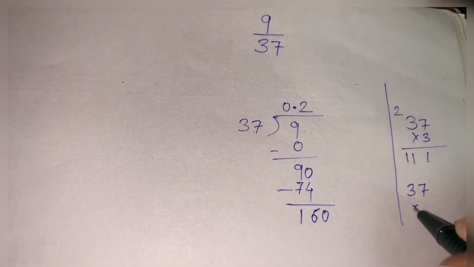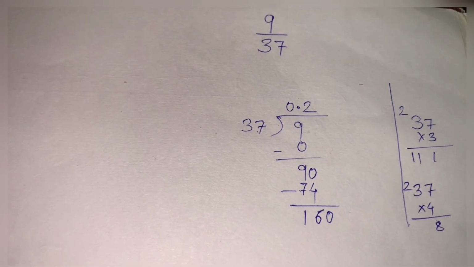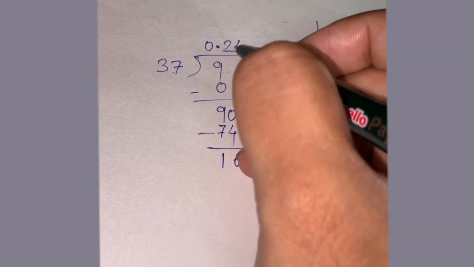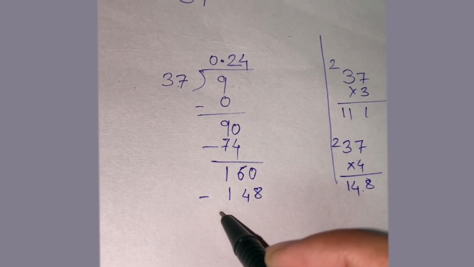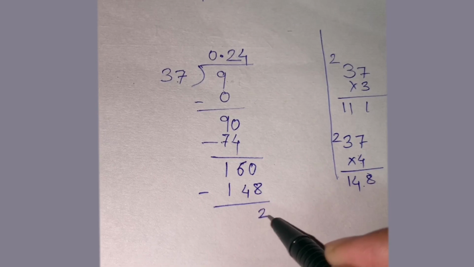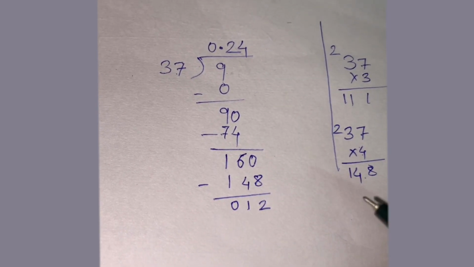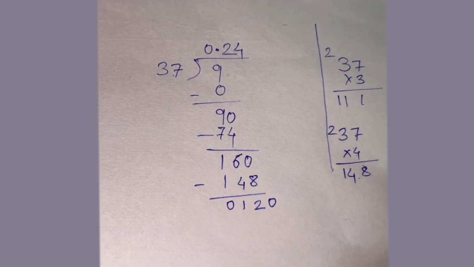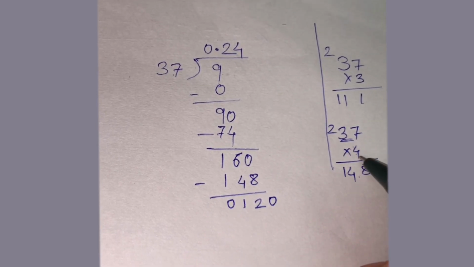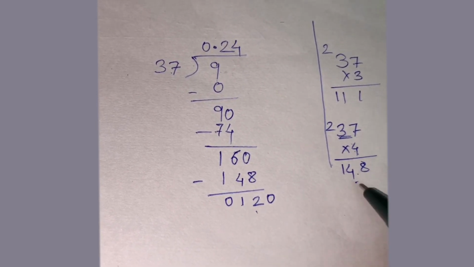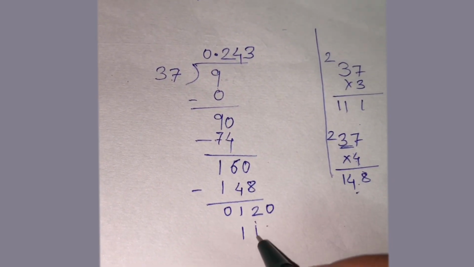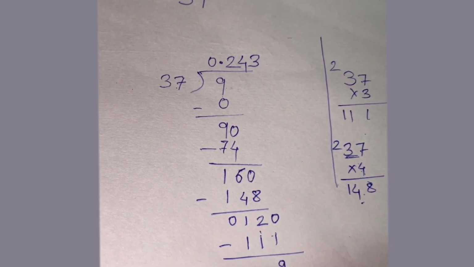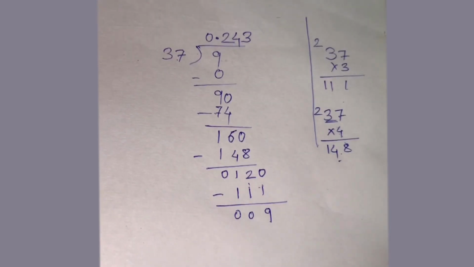So 37 into 4 I know is 148, which can be subtracted from 160. So therefore I'll write down 37 4s are 148 and subtract it from 160, which will give me 12. Again I'll bring another 0 down, which will make the remainder 120, and I will continue the division. Now 37 3s is 111, so I'll take that number here, 37 3s are 111. That will give me the remainder 9.